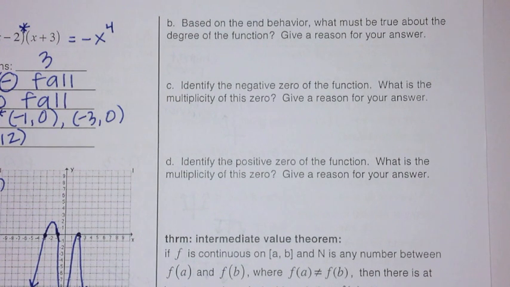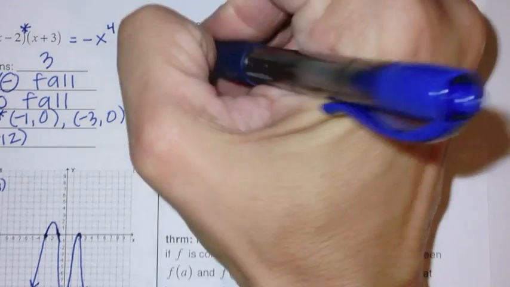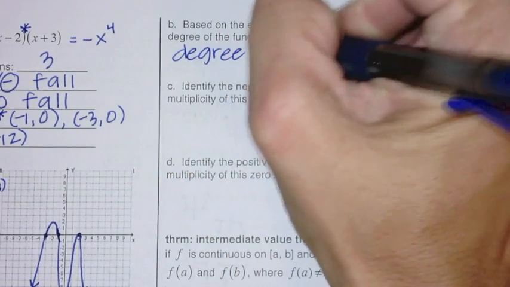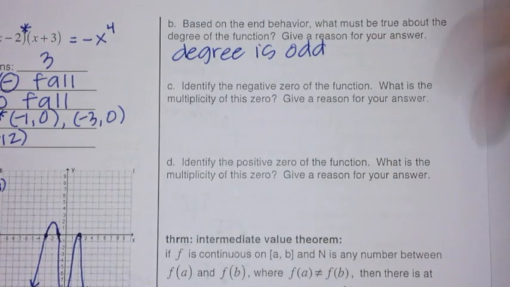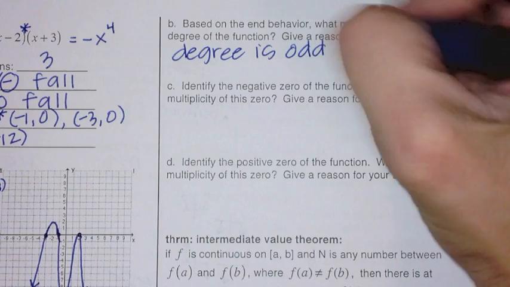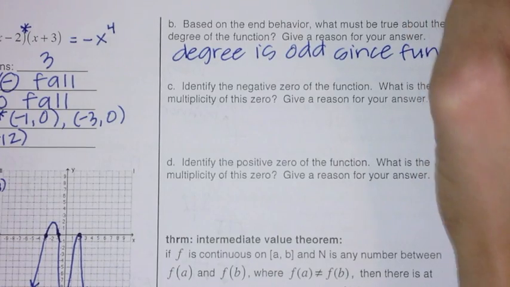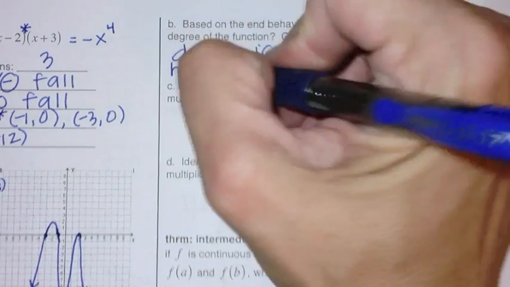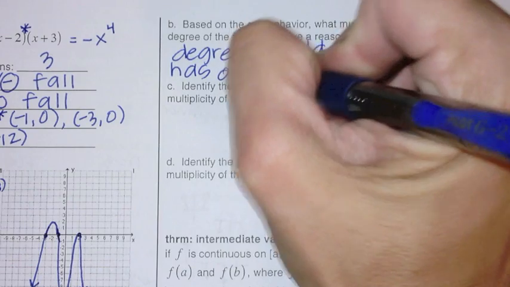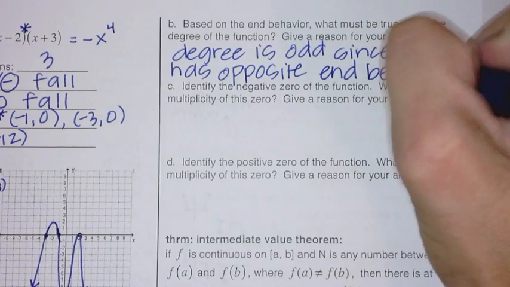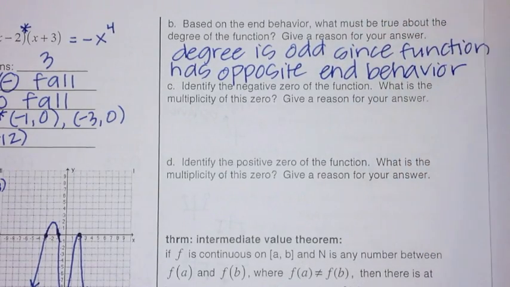And since we have the right rising and the left falling, we know that the degree is odd. And it says give a reason: since the function has opposite end behavior. So that's how you answer that one.